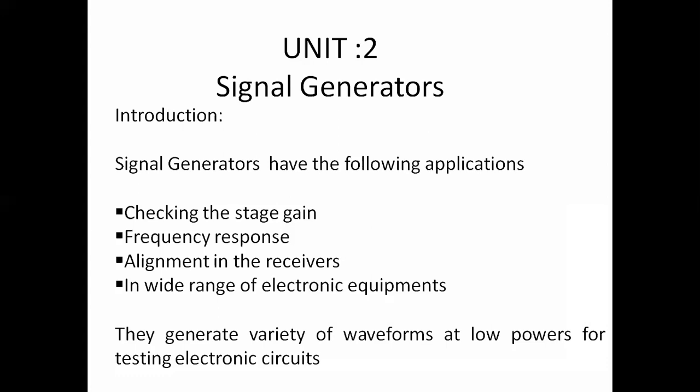That is the measurement we see in control systems: the Bode plot, frequency response, magnitude and phase angle. Like that we can analyze the frequency response of the given circuit. Similarly, alignment in the receivers.